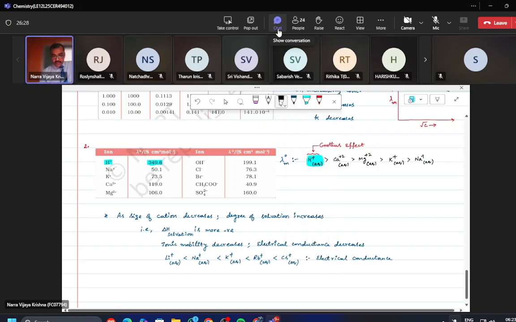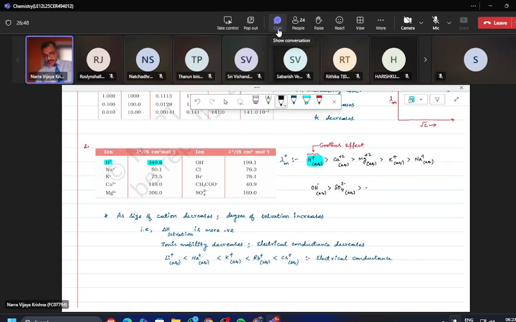Among anions, which is having more conductance? Observe carefully. OH- is greater than SO4 2-. The lowest is the acetate ion, correct?